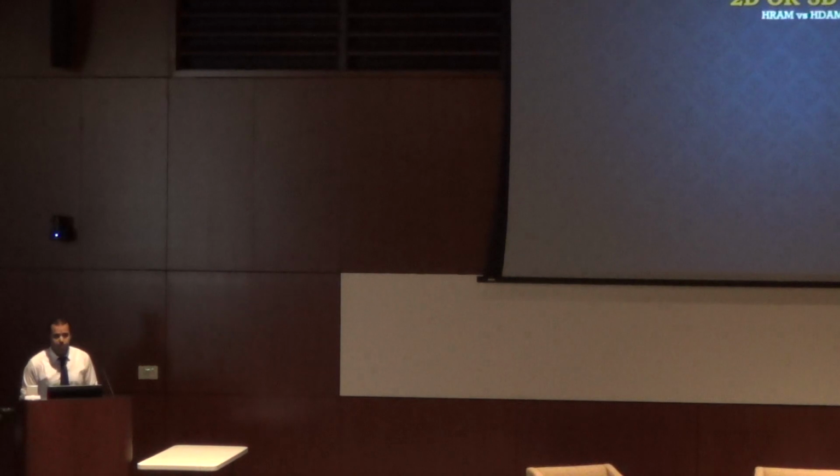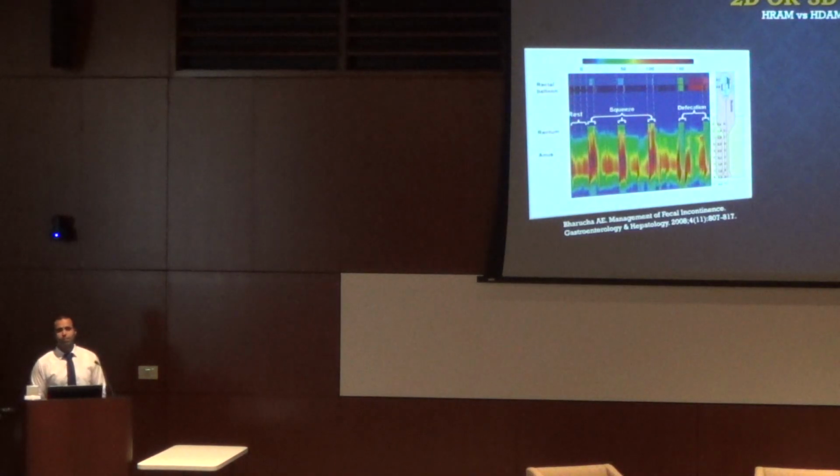So the question is, 2D or 3D? Why do we care? Will we get any extra information using 3D? Does high resolution manometry provide detailed information on circumferential and axial symmetry? It provides dynamic pressure information, but what about indirect structural information?